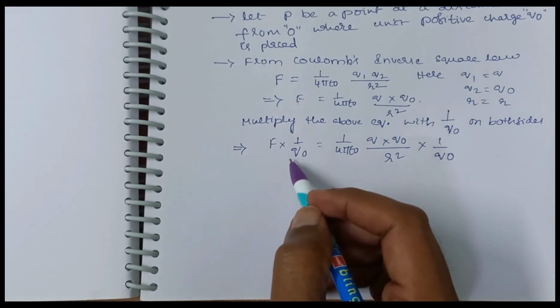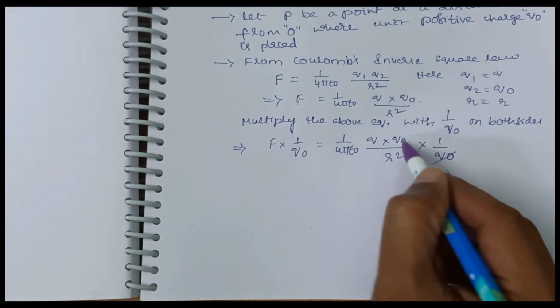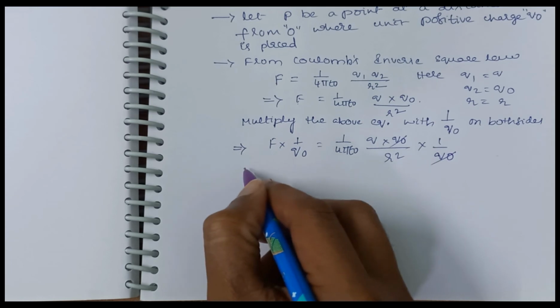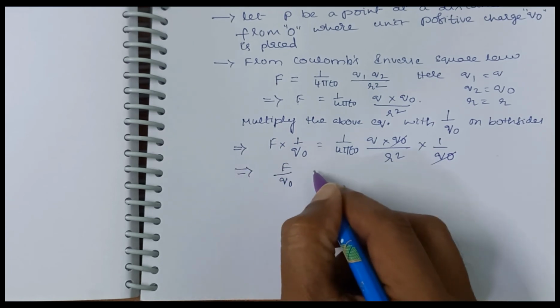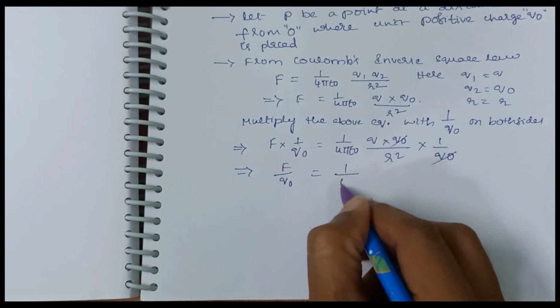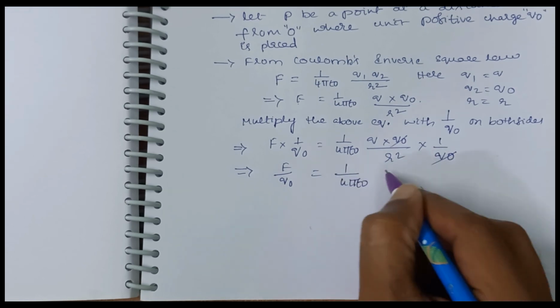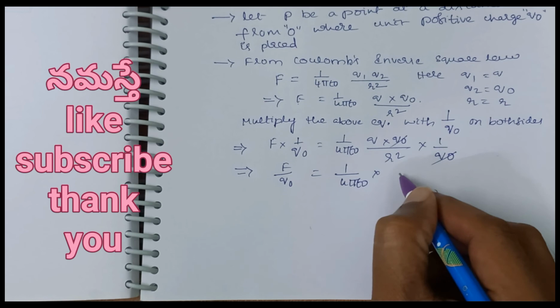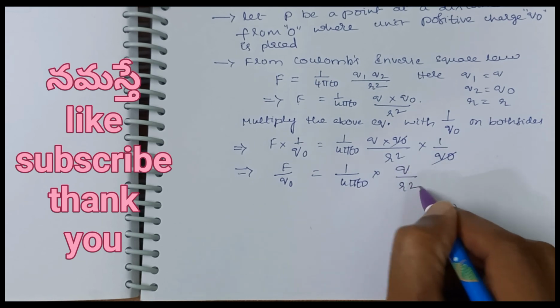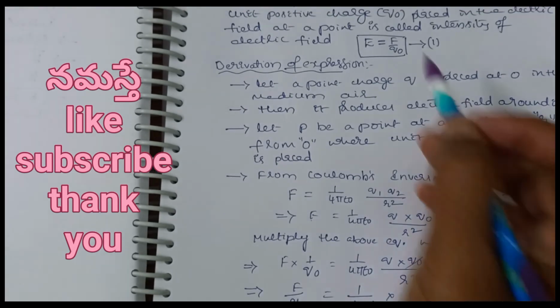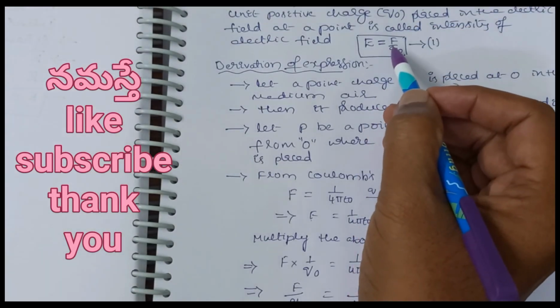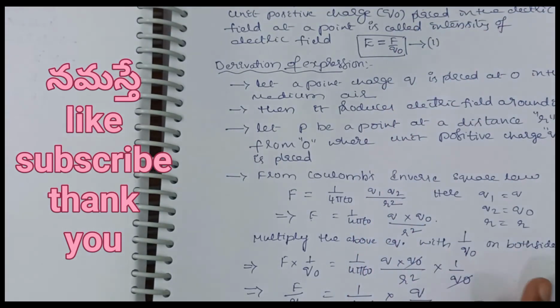Multiplied with 1 by Q naught on both sides, then Q naught get cancelled, and this can be written as F by Q naught is equals to 1 by 4 pi epsilon naught into Q by R square.